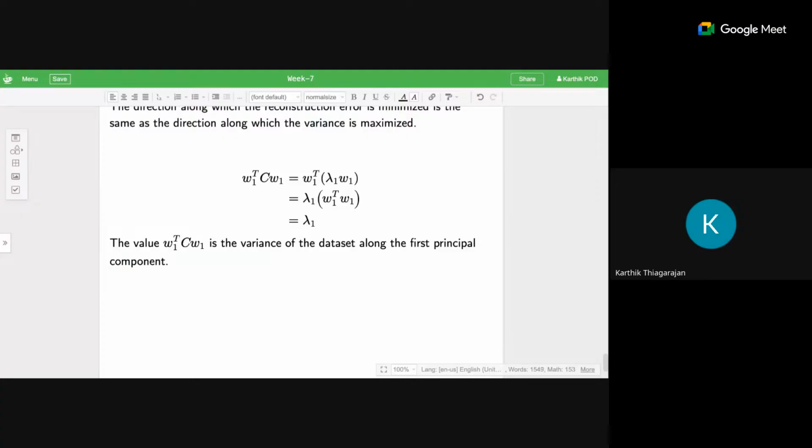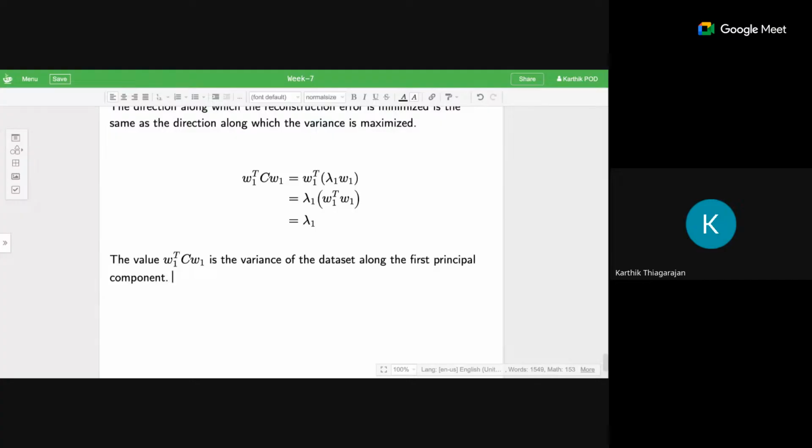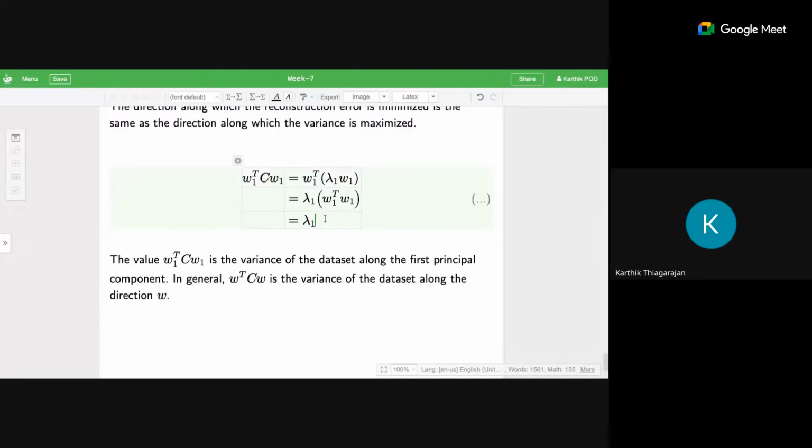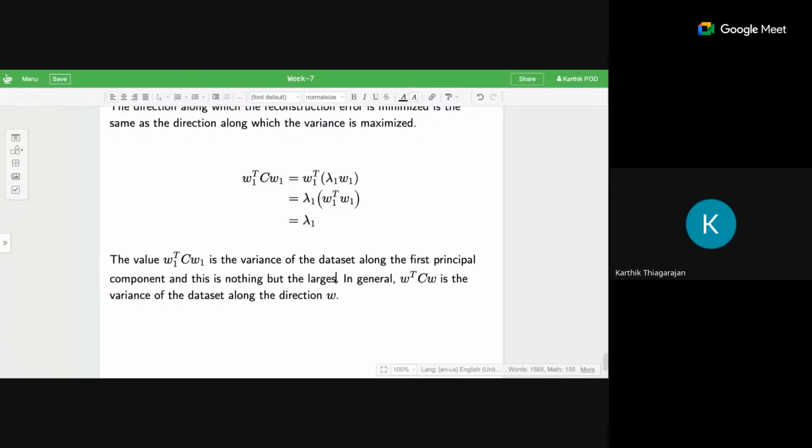In general, in fact, you can show that W transpose CW is the variance of the data set along the direction W. This is the general idea, and if you plug in W1, you will get the variance along the W1 direction, and this variance is nothing but the largest eigenvalue of C.